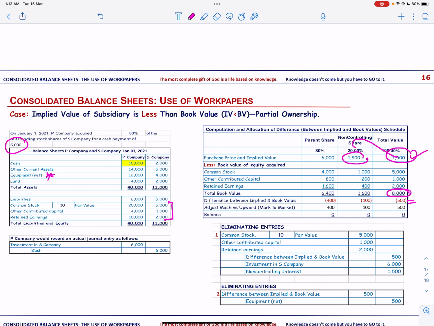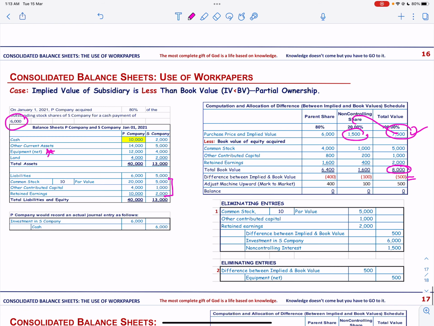The investment elimination entry is: equity is debit, and investment and non-controlling interest is credit. Note that when the difference is negative in the journal entry, it is recorded as a credit in order to balance the entry.